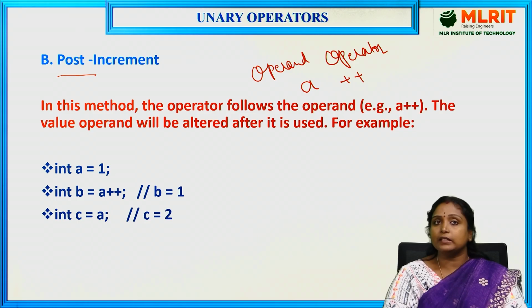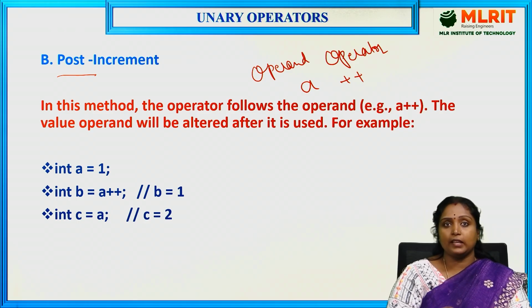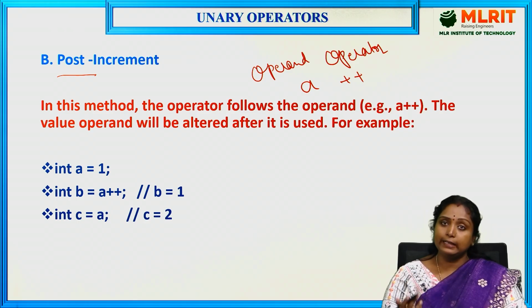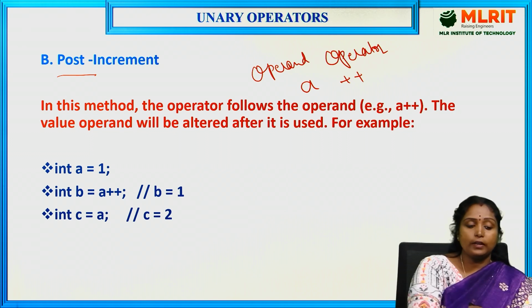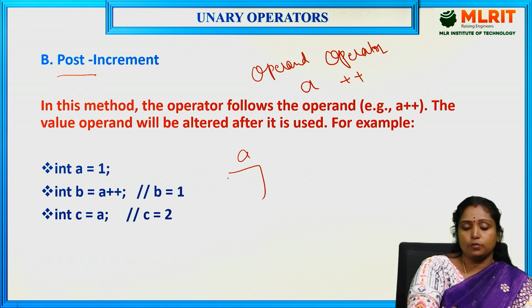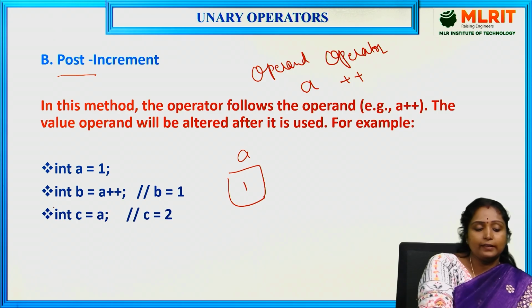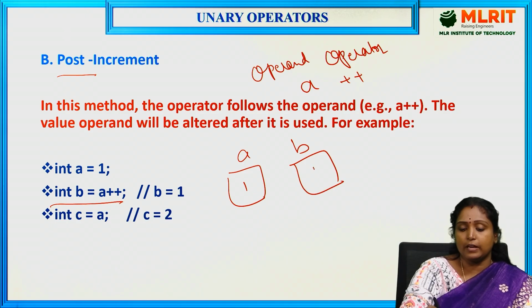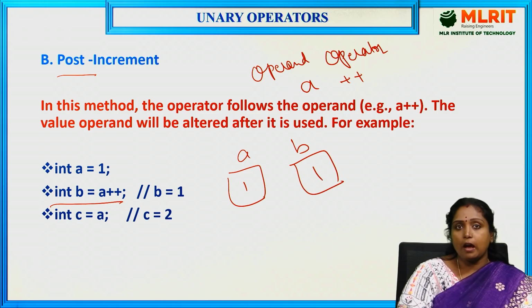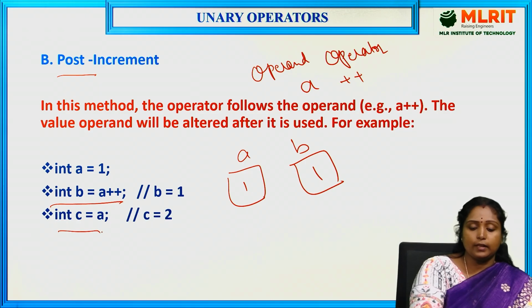In this method, first the value is saved, then it gets incremented by 1, and then it is saved again. If a equals 1 and I say b equals a plus plus, first the value 1 will be saved in b. Then a is incremented by 1, 1 plus 1 equals 2.